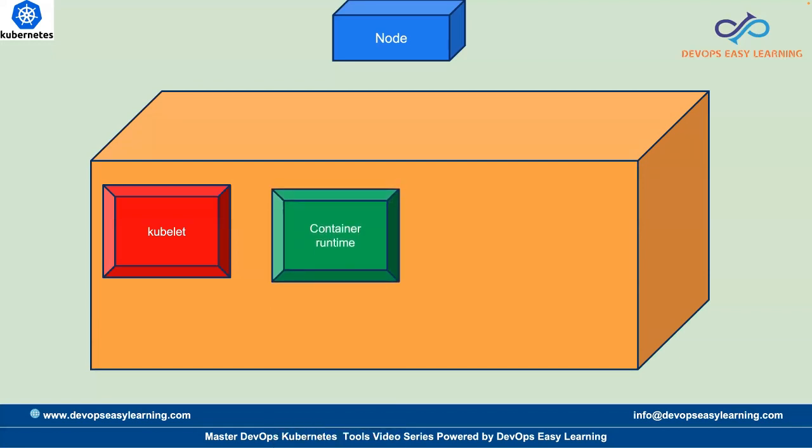We have the container runtime, like Docker or containerd, because we are talking about containers, so you need at least Docker or containerd installed on your virtual machine to be able to run containers. Then we have kube-proxy, which manages networking inside the node.